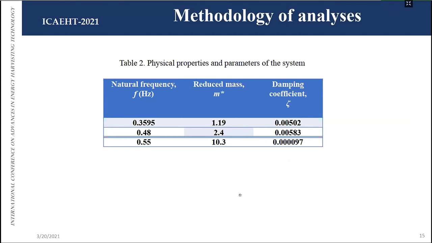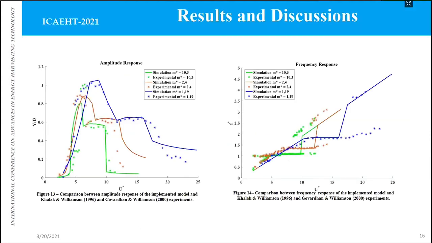Okay, so we could obtain these results. It's possible to observe that the new model could represent the complex behaviors, that is the representation of the upper and lower branch, the amplitude of oscillation, the locking region, as well as the variation of our frequency response, as you can see here.